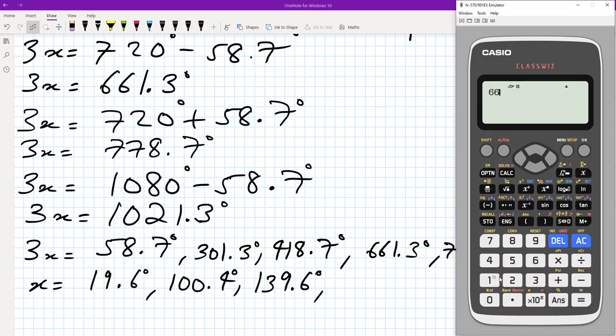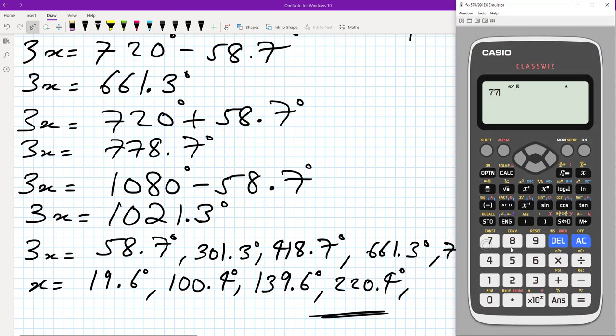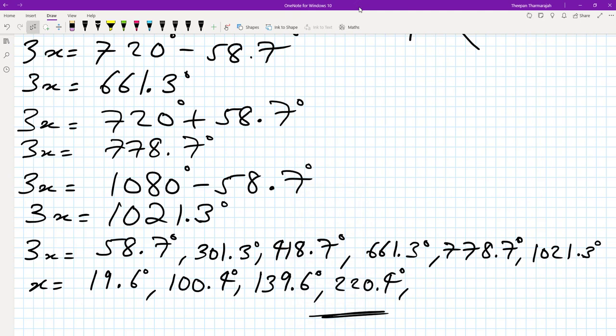Then we do 661.3 divided by 3, which gives me 220.4 degrees. Then we're going to do 778.7 divided by 3, and that will give me 259.6 degrees.